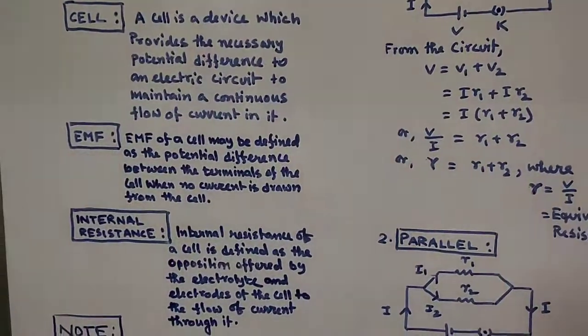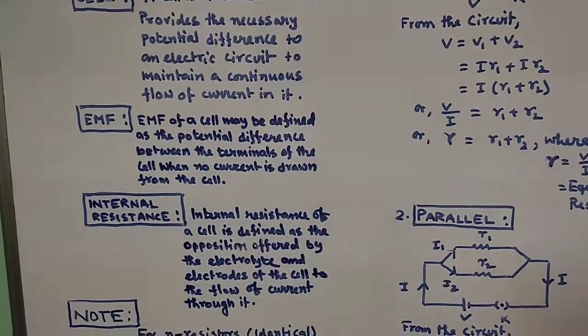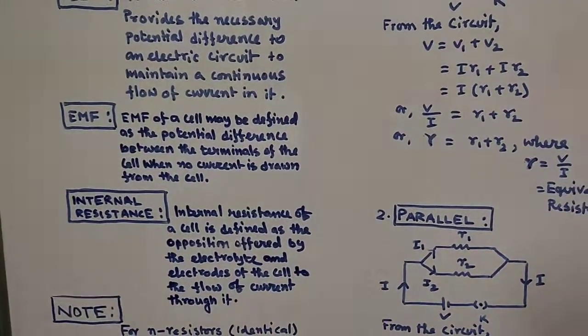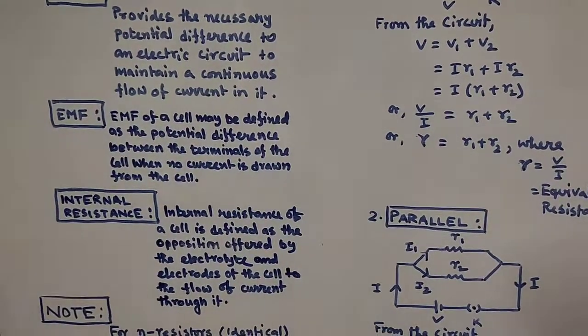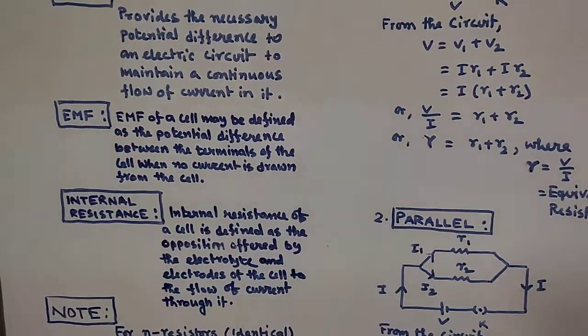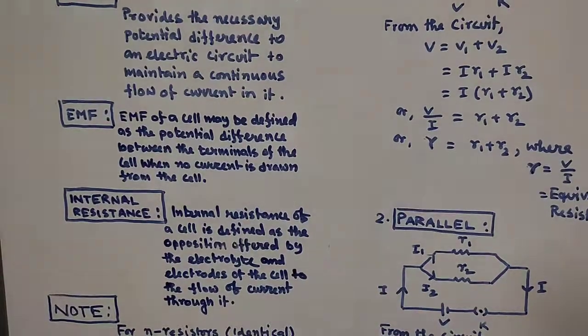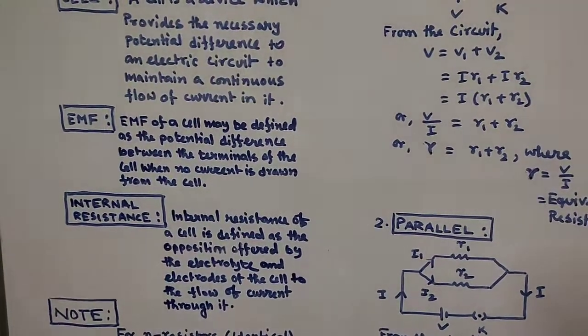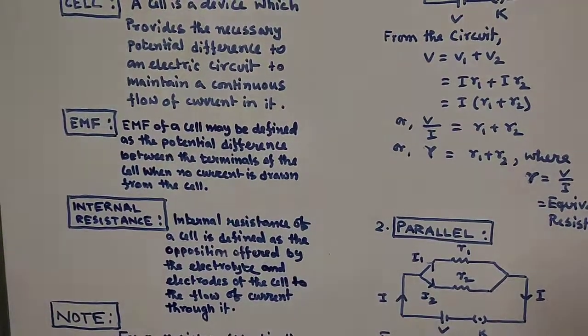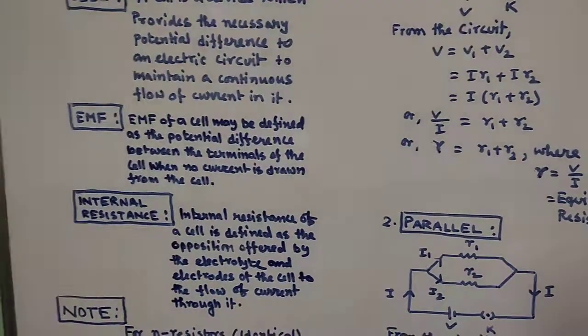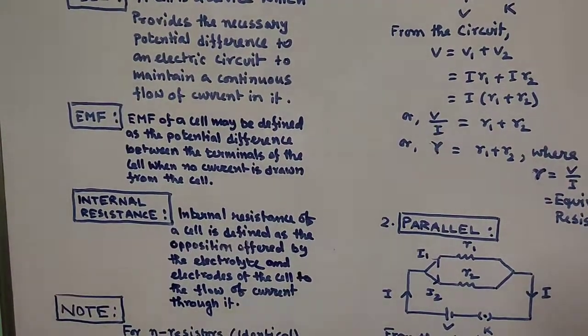Now internal resistance of a cell is defined as the opposition offered, resistance being nothing but some kind of opposing force. I'm repeating once again: internal resistance of a cell is defined as the opposition offered by the electrolyte and electrodes of the cell to the flow of current through it.